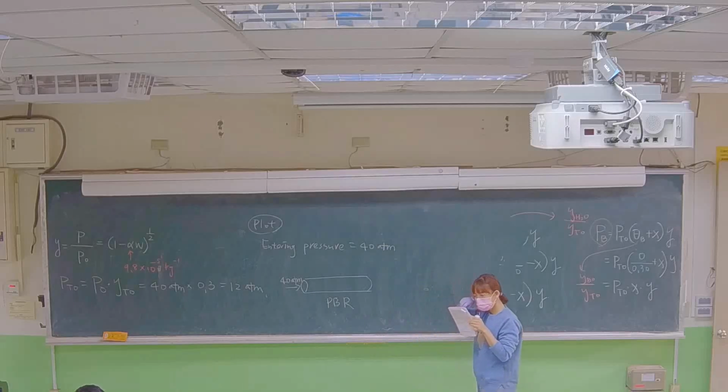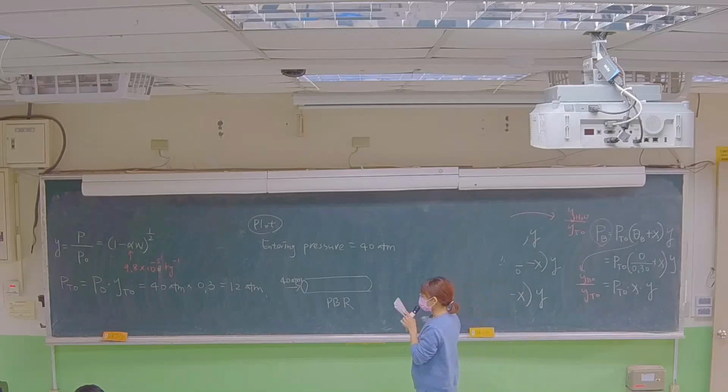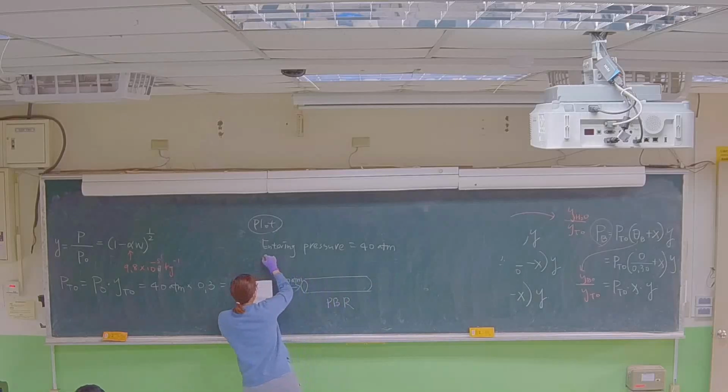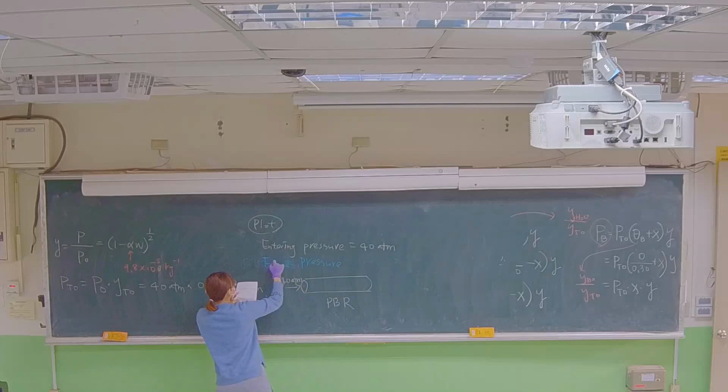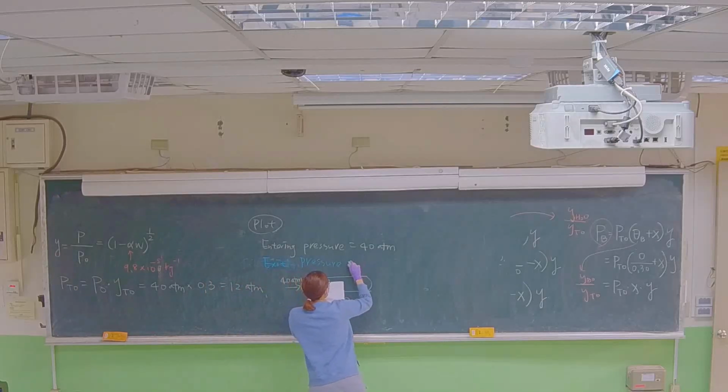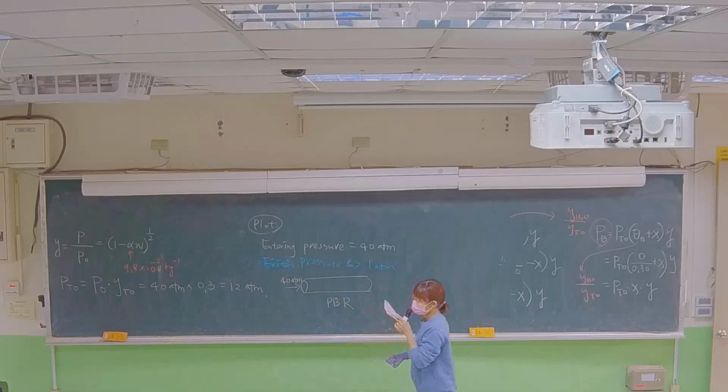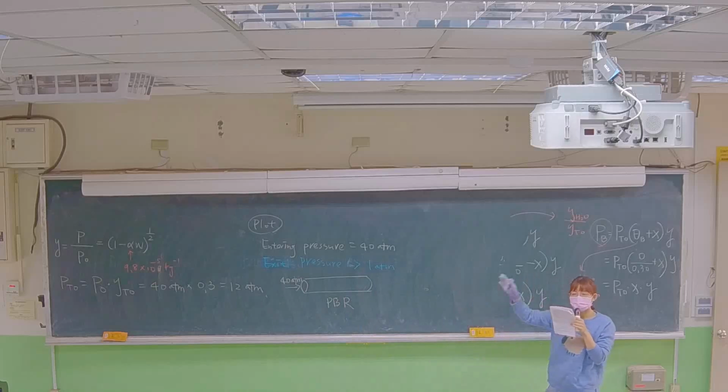So what would be the final pressure if this can react very smoothly? It is better to use the exit pressure, which should be larger than 1 atm, because in the environment the pressure is 1 atm.